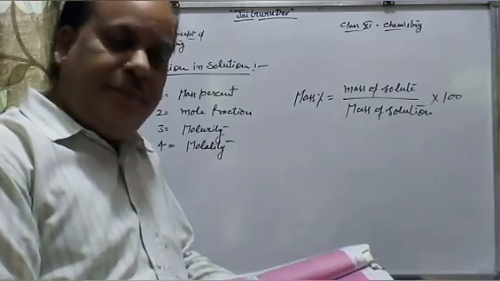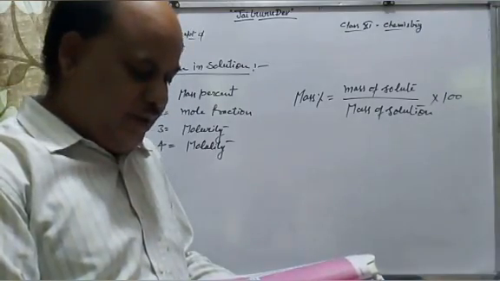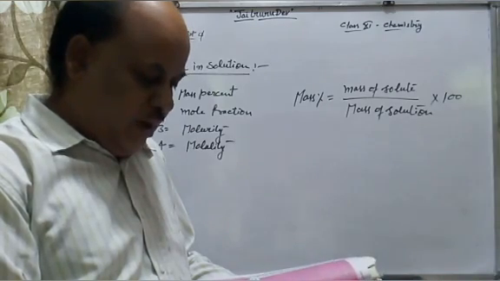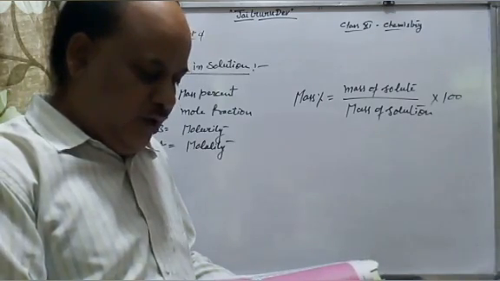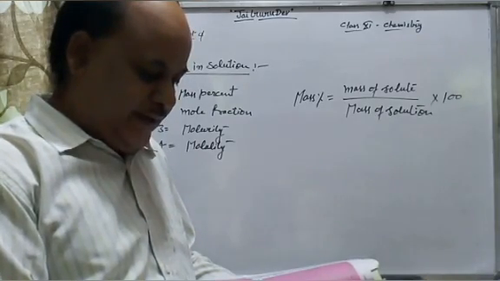Example 1.6. A solution is prepared by adding 2 gram of a substance A to 18 gram of water. Calculate the mass percent of the solute.